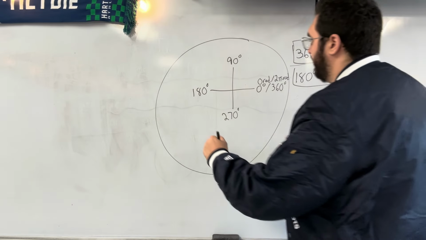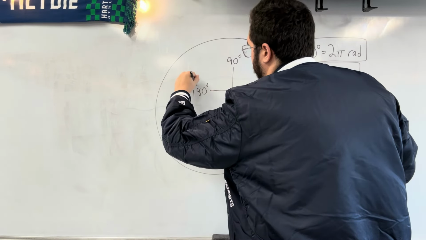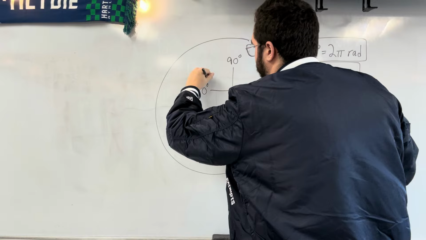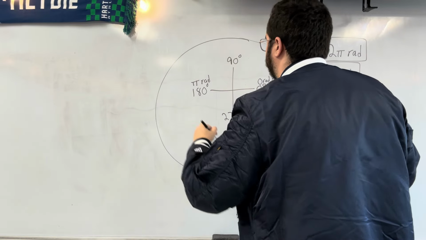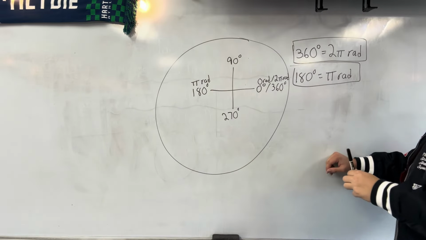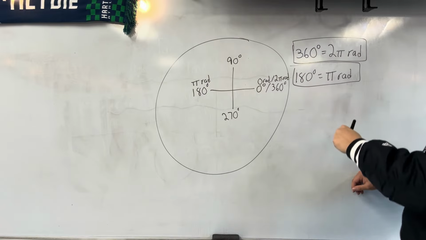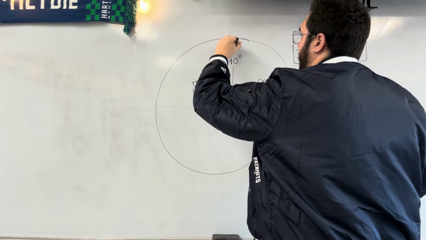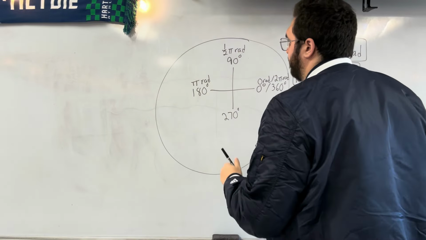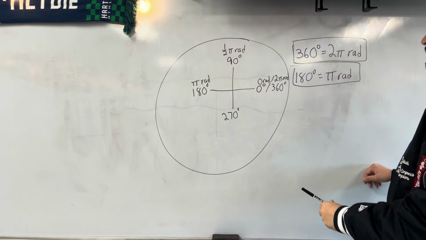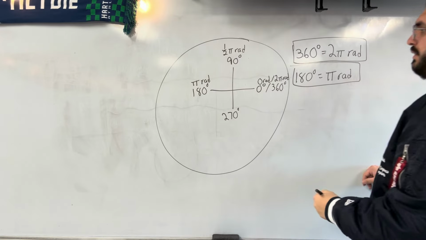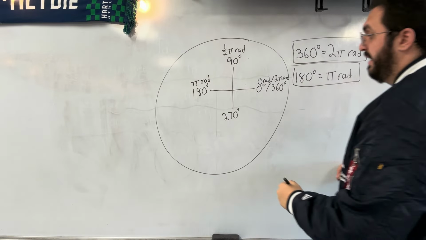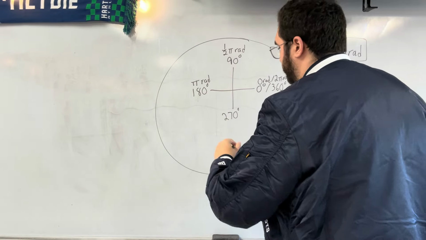So instead of 180, this becomes pi radians. Instead of 90 degrees, we get 1/2 pi radians. Instead of 270, we get 1.5 pi radians.